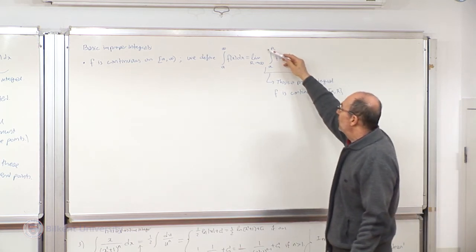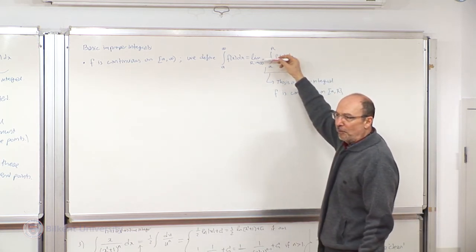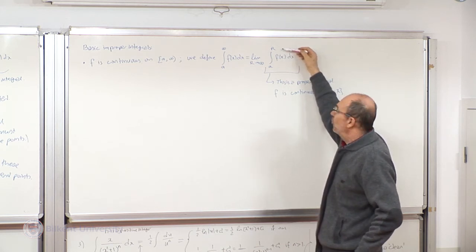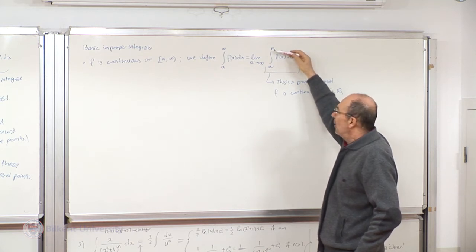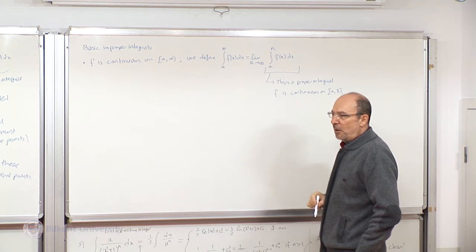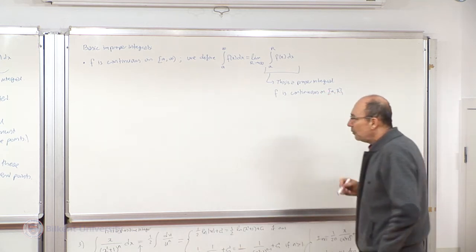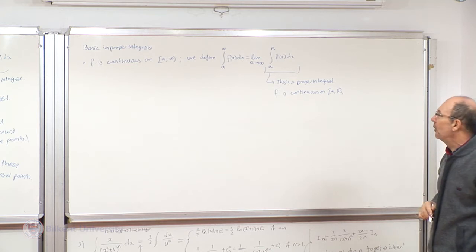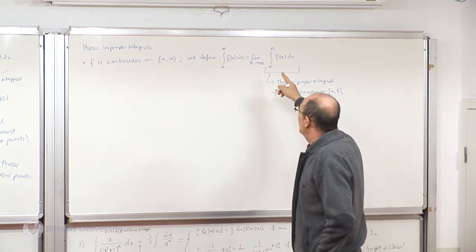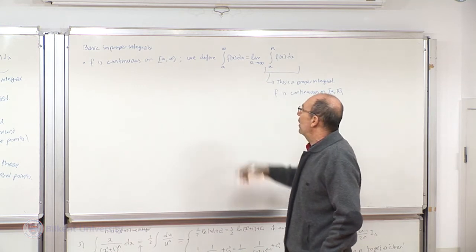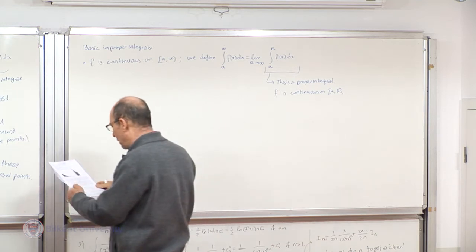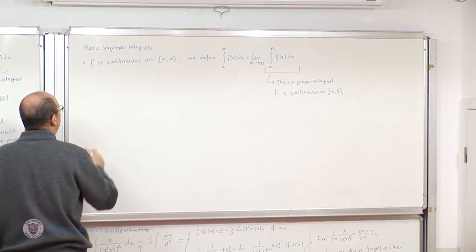So this integral is defined, and when you evaluate this integral, you get an expression in terms of R. This is a number, okay, but this is R, a parameter. And then you take the limit as R goes to infinity, okay? Sometimes the limit exists, sometimes it doesn't, okay? But this is how we define it. If this limit does not exist, we will say that this integral does not exist. But I'll make that terminology clear in a minute.